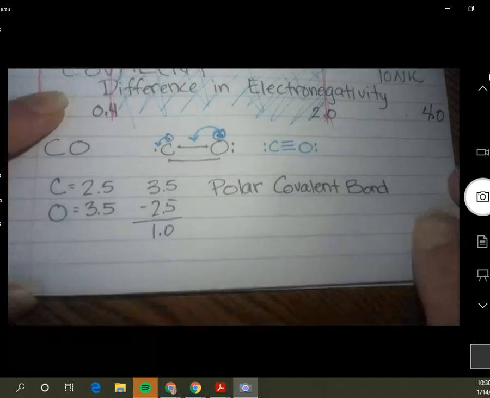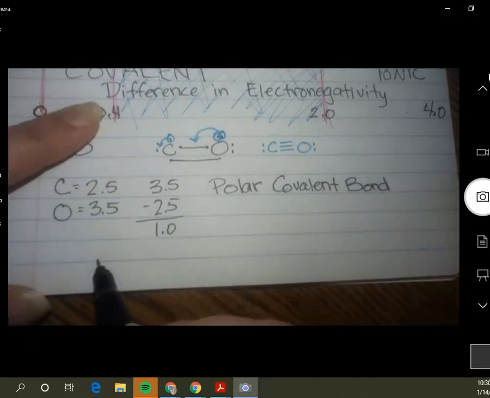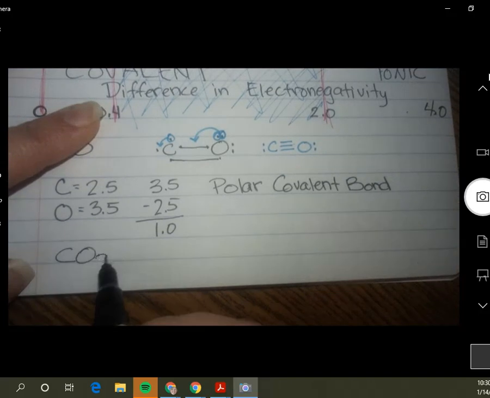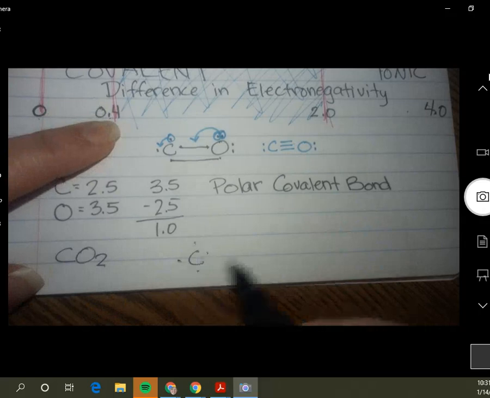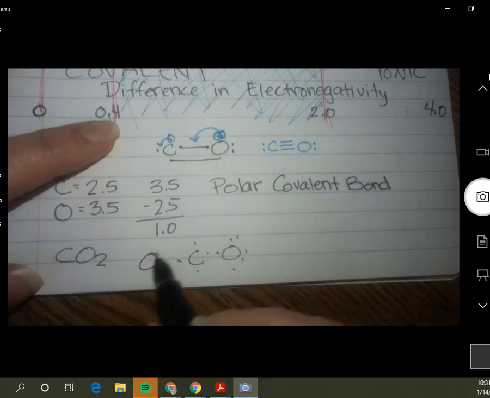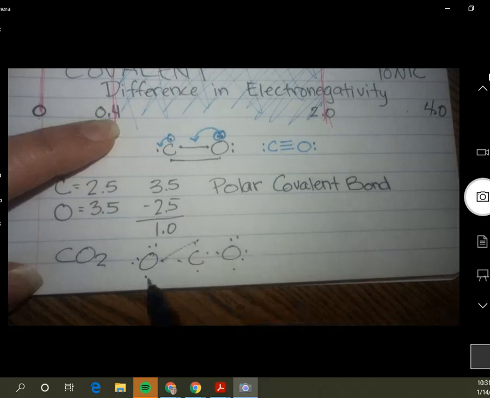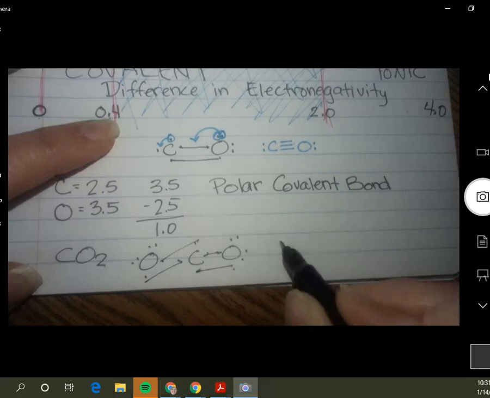Now, just very quickly, what if I have CO2? We know that carbon would be the central atom, oxygen would be on either side. We've already done this molecule before. We know that we're going to have a double bond between, so we get this idea.